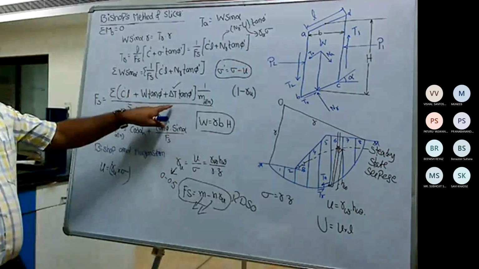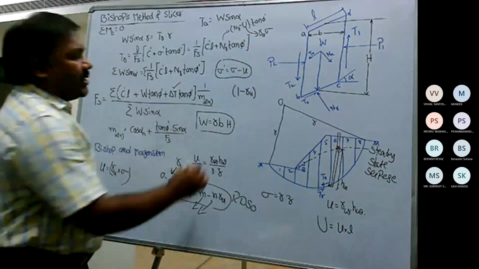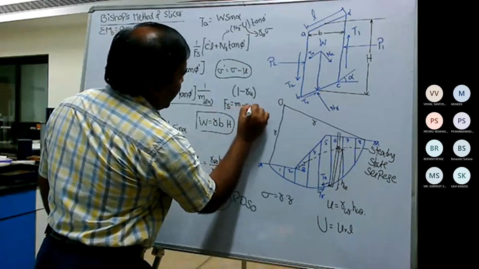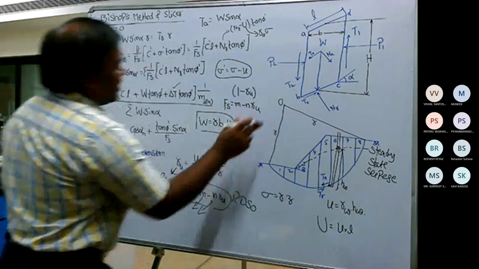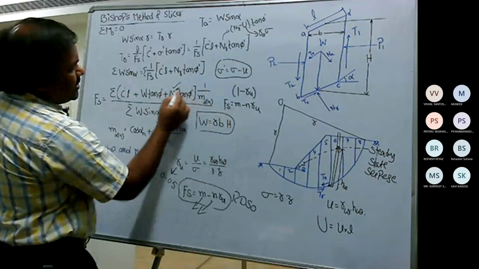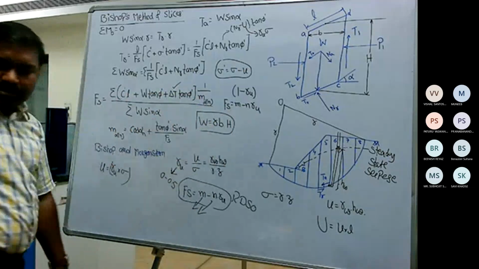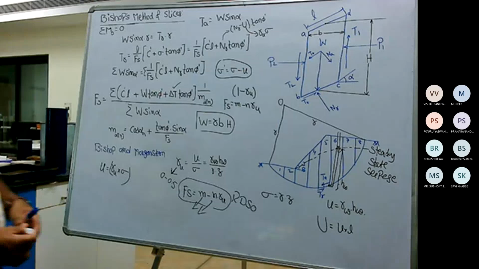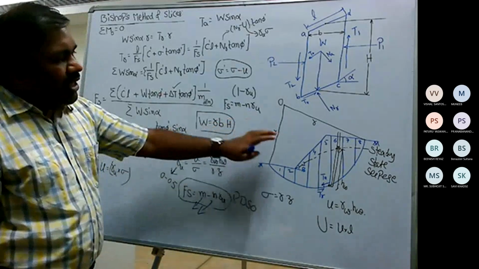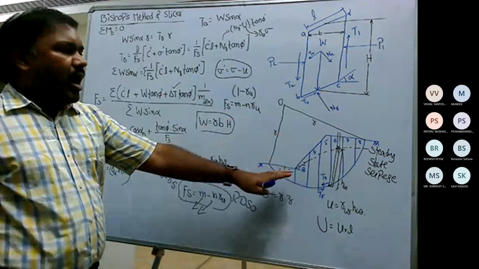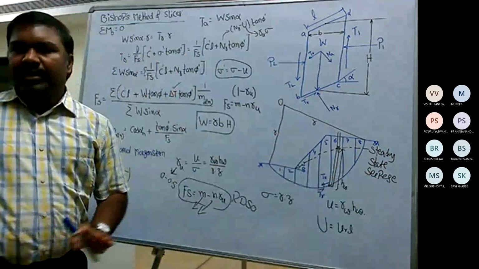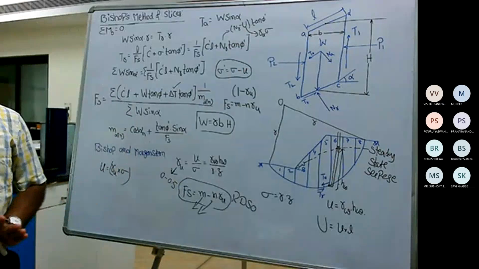Or the same equation can be written as Fs is equal to M minus N into RU, where M is the summation of all these terms, N is the simplification of the other terms. Okay, so this is how the effect of the pore pressure component under steady state seepage condition will be accounted for in the factor of safety equation.